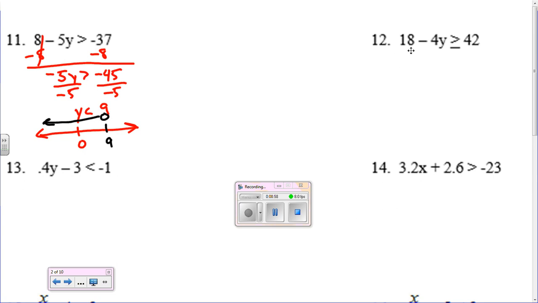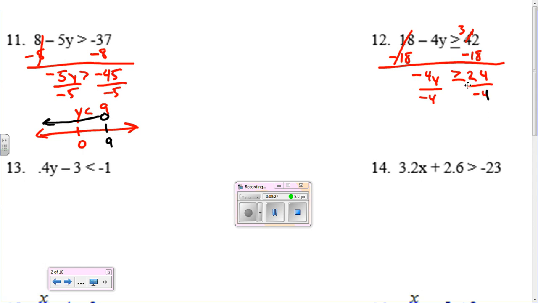Number 12, very similar to the last one. Got to subtract the 18 first. Those cancel. 42 minus 18. I don't know that off the top of my head, so I'm going to do some math here. It gives you 24. So it gives you negative 4y is greater than or equal to 24.